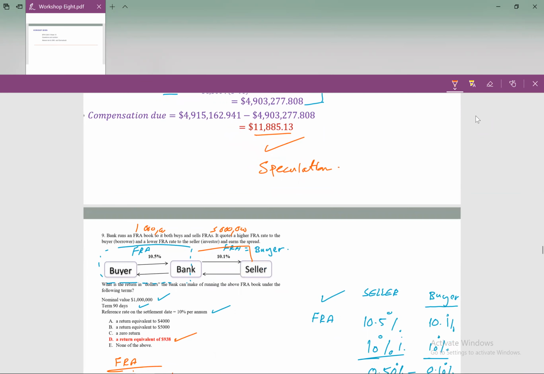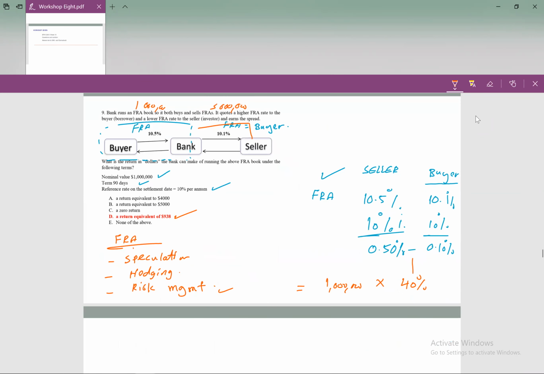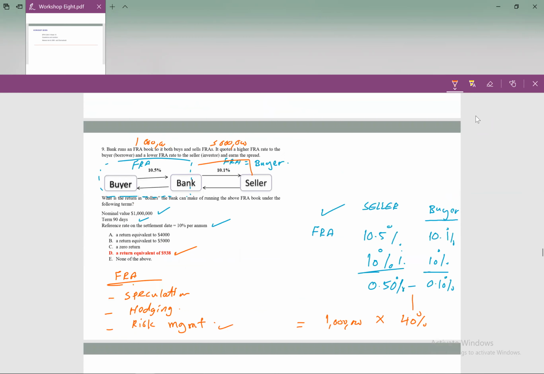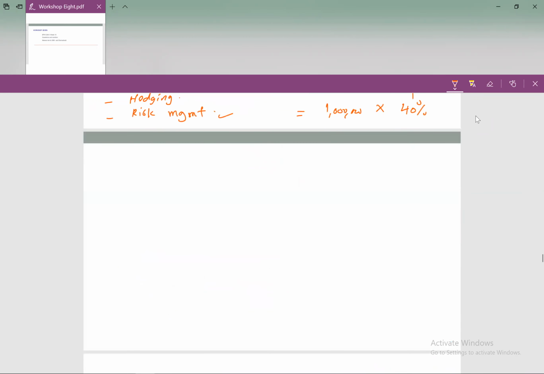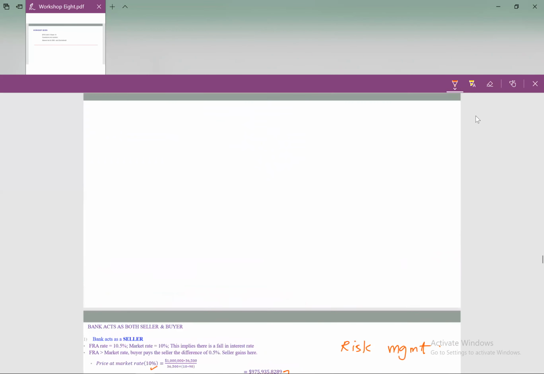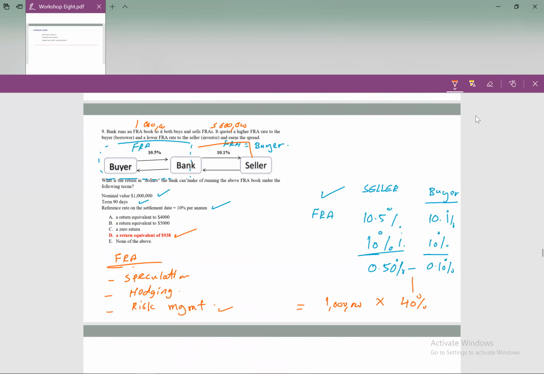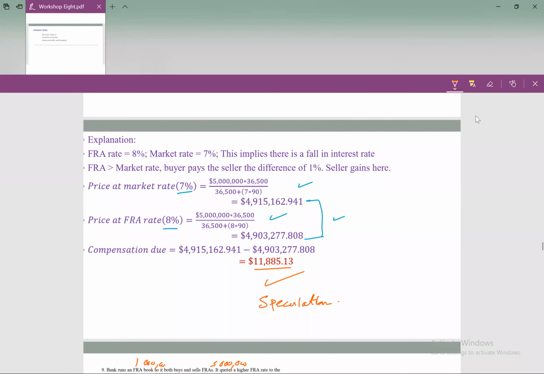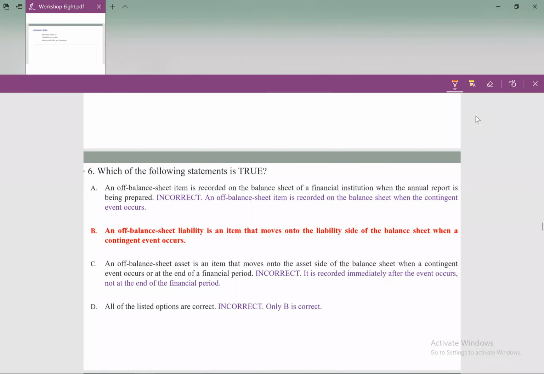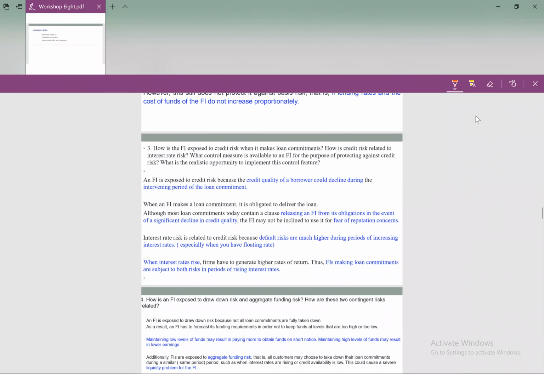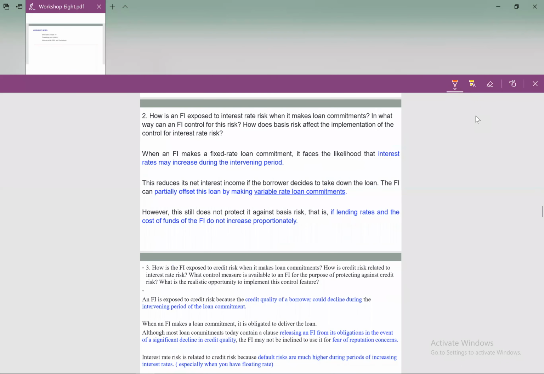As you can see, it will make big losses because it will gain this amount, yes, but it will make bigger losses on the other side because you are talking about 5 million. So to settle yourself, to match the exposure is the key question here.